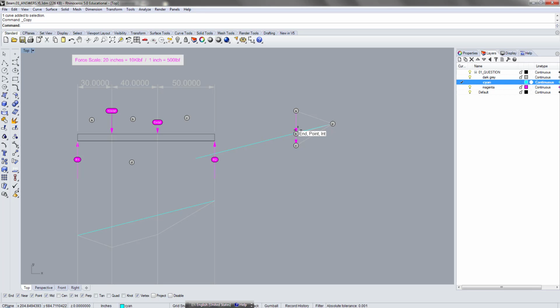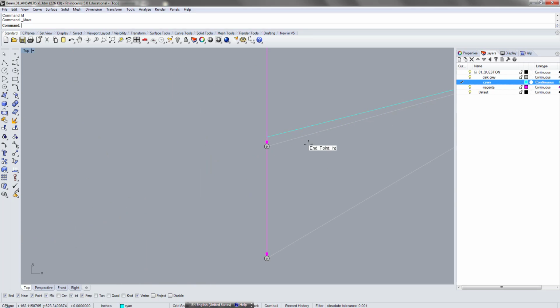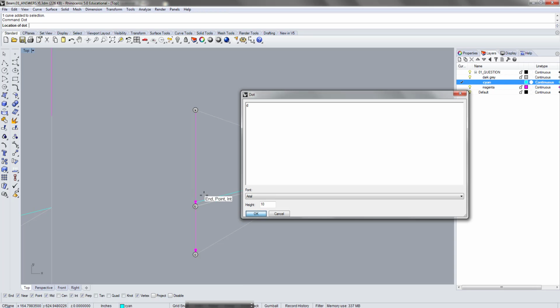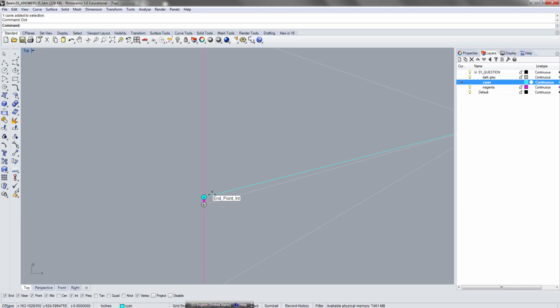Unfortunately it's super close to point B, so I don't want to zoom in too much, but anyway, I need to first trim this so that we are close by. But anyway, if I zoom in, that's the intersection point, so that's basically point D. So it's really close, so it's kind of hard, but if I connect from point C to point D, that's going to be the reaction on the right side.